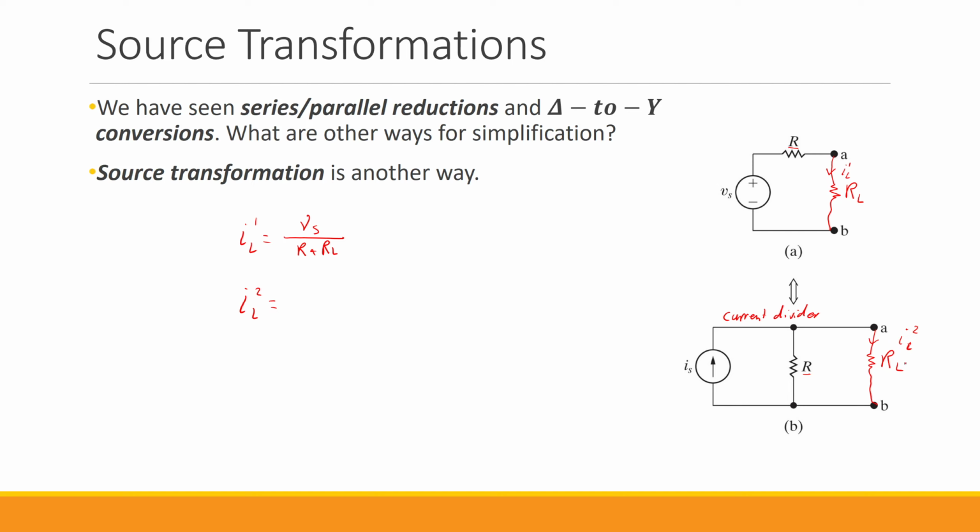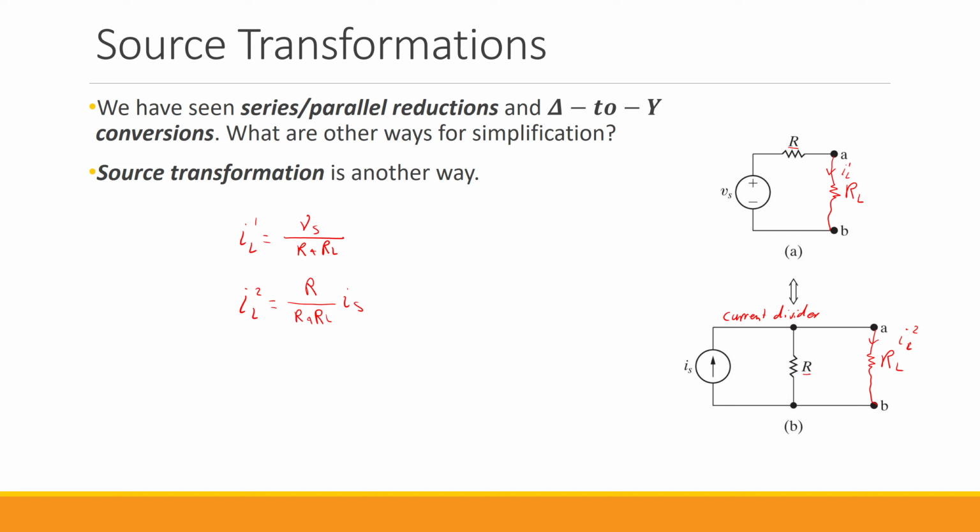Or if RL is very large, more current is going through R. If you refer to the equations derived using Kirchhoff's current law applied at this node, the current that goes through RL is R divided by R plus RL, multiplied by Is. This is the current that goes through RL in the second configuration.